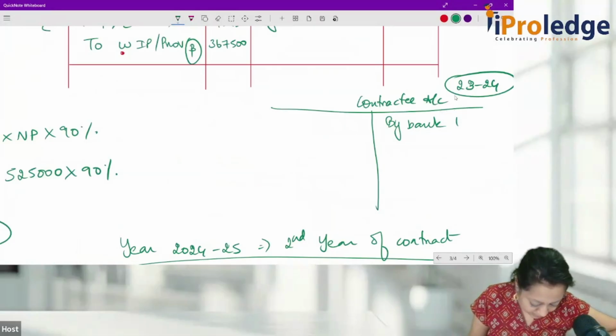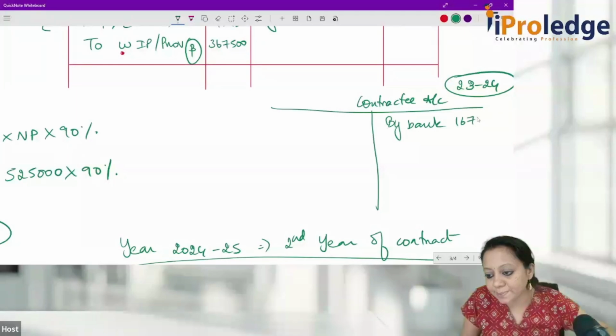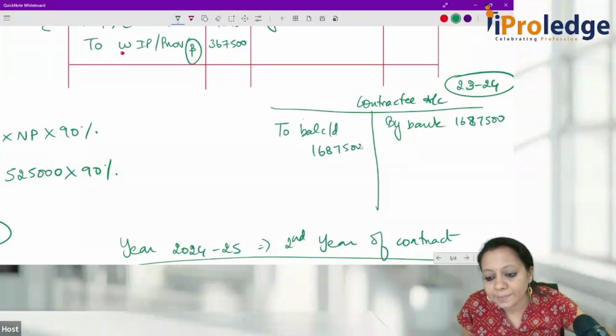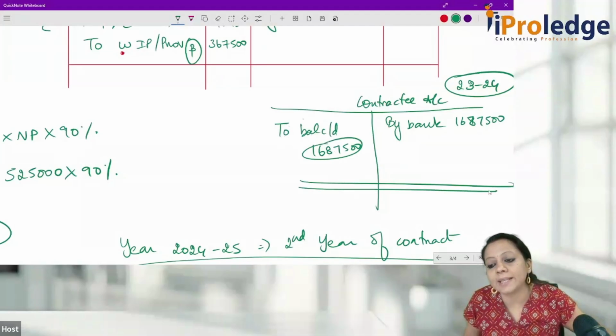The amount is correct. That's all, so no other things will come here. So it is to balance carried down, 16 lakh 87,500, closing the ledger.